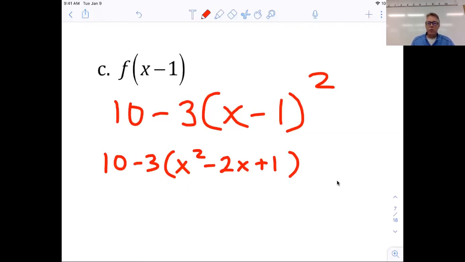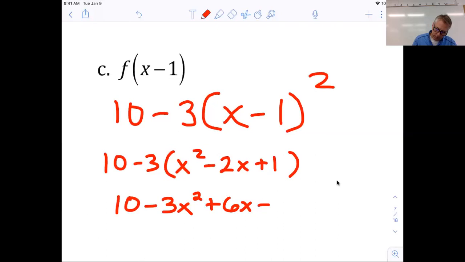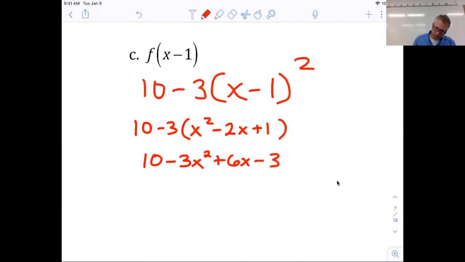And I'm going to distribute the -3. I have 10 minus 3x squared plus 6x minus 3. And then combine and write in descending order. So we have -3x squared plus 6x plus 7.